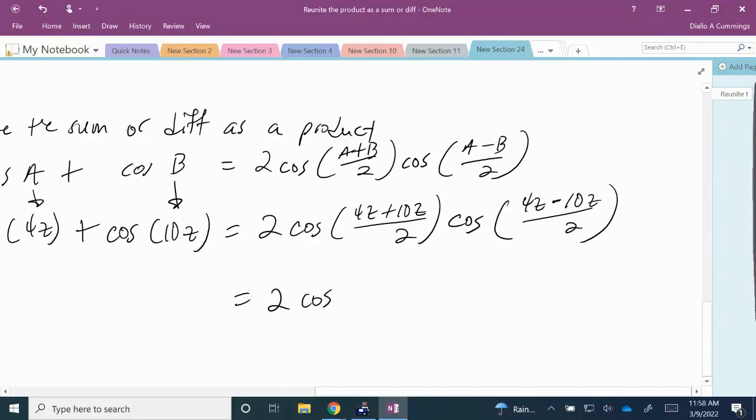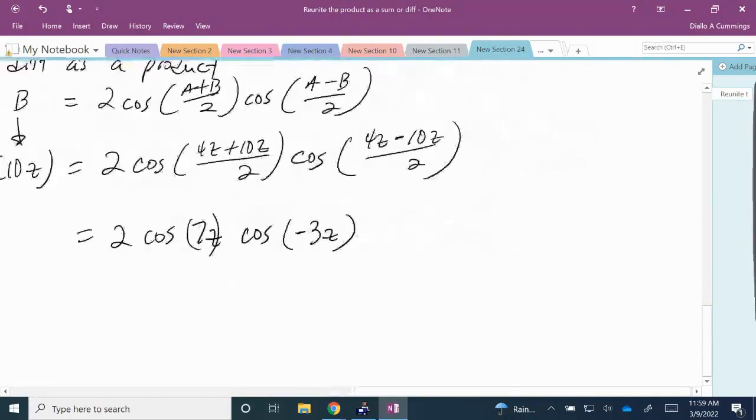we have 2 times the cosine of, well, 4z plus 10z is 14z over 2, and 14z divided by 2 is 7z, times the cosine of 4z minus 10z, which is negative 6z, and negative 6z divided by 2 is negative 3z.